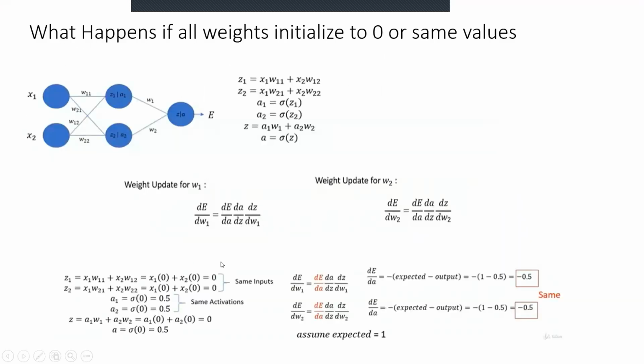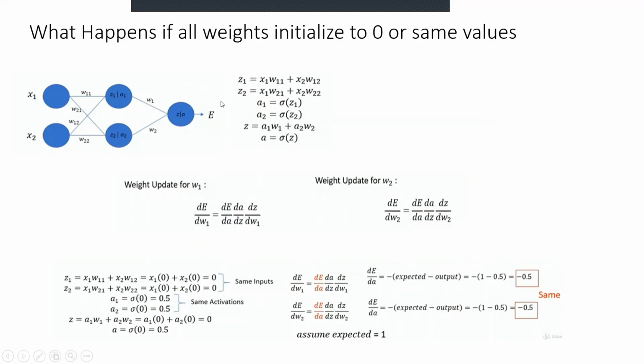So when I calculate this, my value of dE with respect to dW1 would be dE upon dA, and dA upon dZ, and then dZ upon dW1, right? The derivative of dZ with respect to dW1.